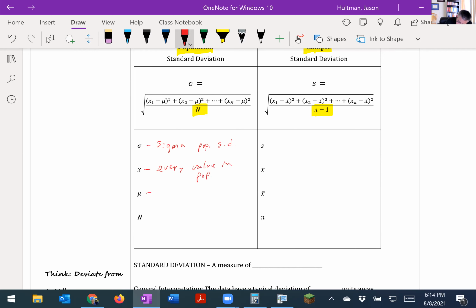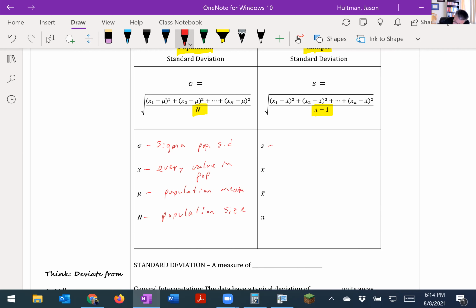Mu is the population mean. And n is the population size. How many data values do I have?